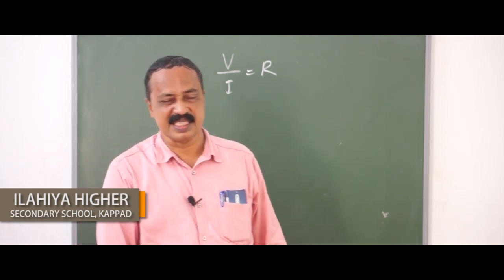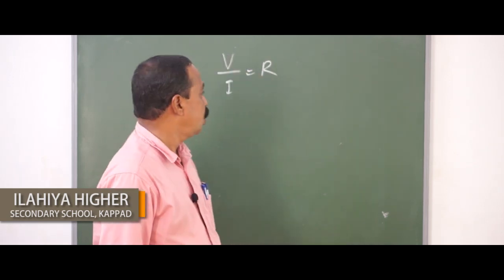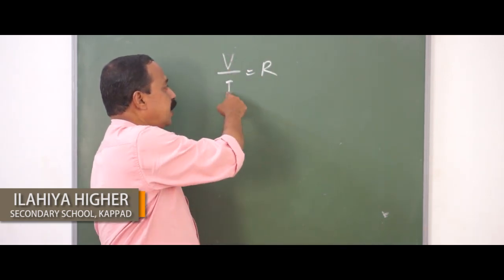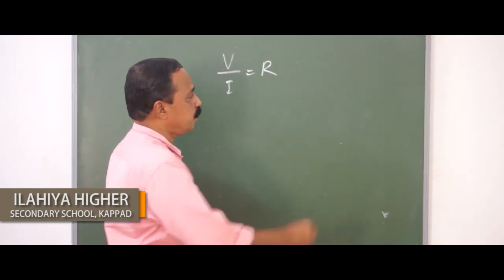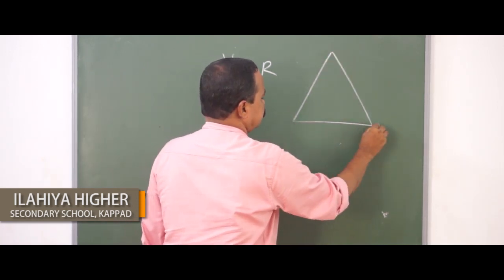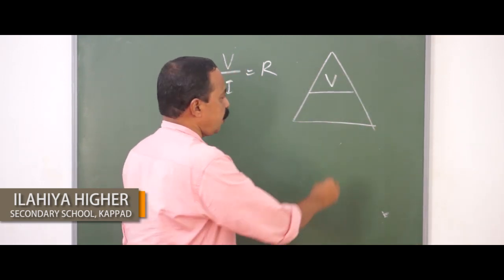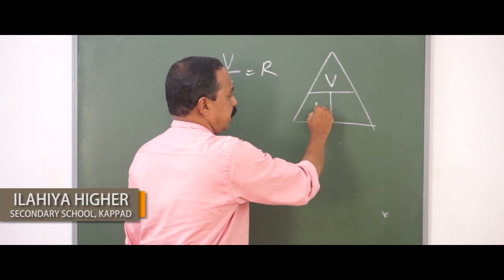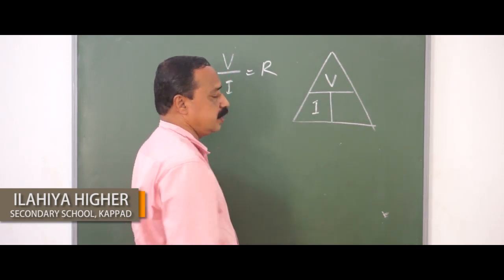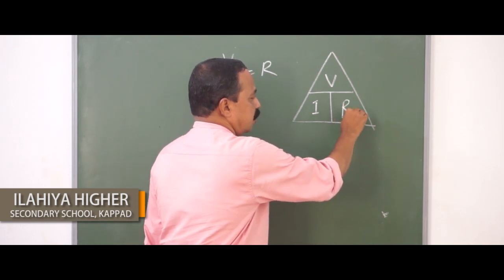That is the resistance. According to Ohm's law, V by I equals R. V is potential difference, I is intensity of current or current, R is resistance.